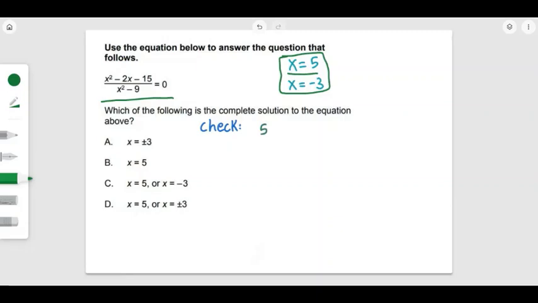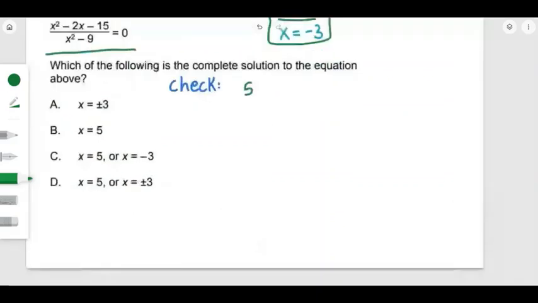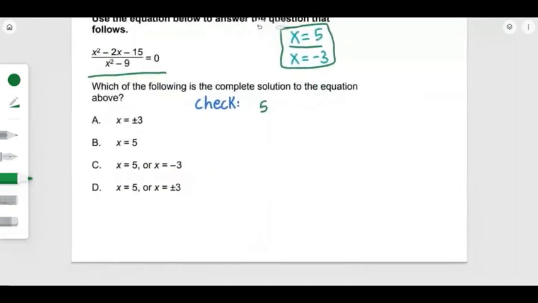So we're just simply going to substitute 5 for each x in the equation. So 5 to the power of 2 minus 2 times 5 minus 15 over 5 to the power of 2 minus 9 equals 0. Now if you put all this into the calculator, it will give you a value of 0.